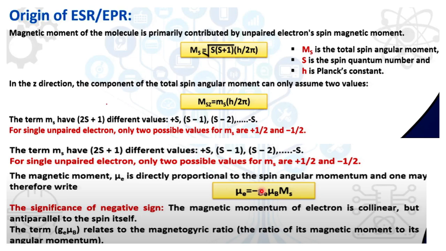So it has angular momentum as well as a magnetic moment. Based on these two terms, it actually relates these two different momenta, that is magnetic momentum and angular momentum, and the product of G and mu b is related to the magnetogyric ratio.